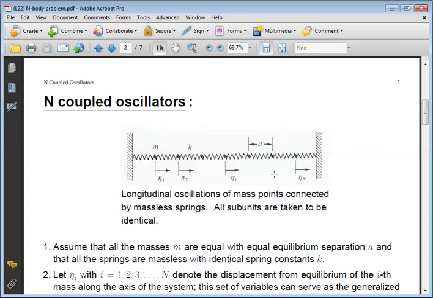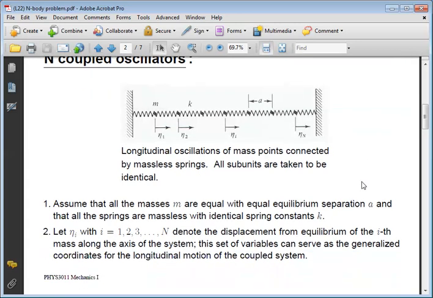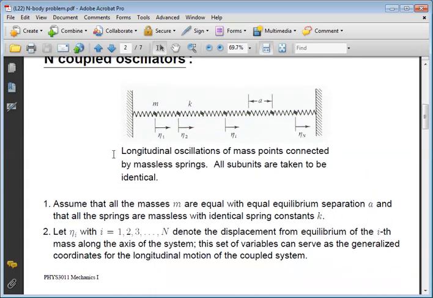And all these identical masses have the mass m, and their displacements are labeled as eta i for the ith mass. All right. So the displacement of the first mass is eta 1. The displacement of the second mass is eta 2. The displacement of the nth mass is eta n. All right. So this is the basic setup of our problem.